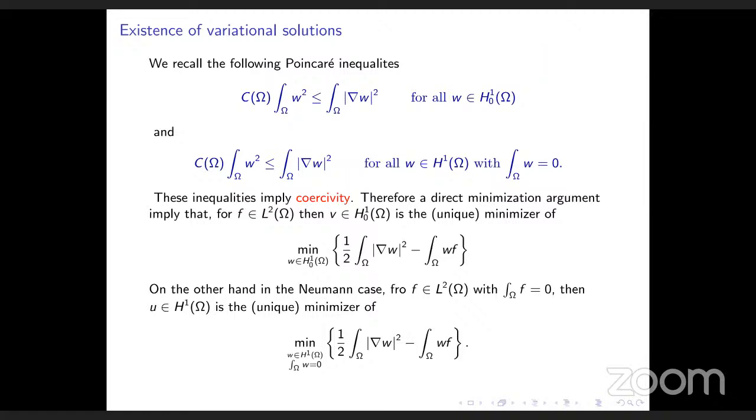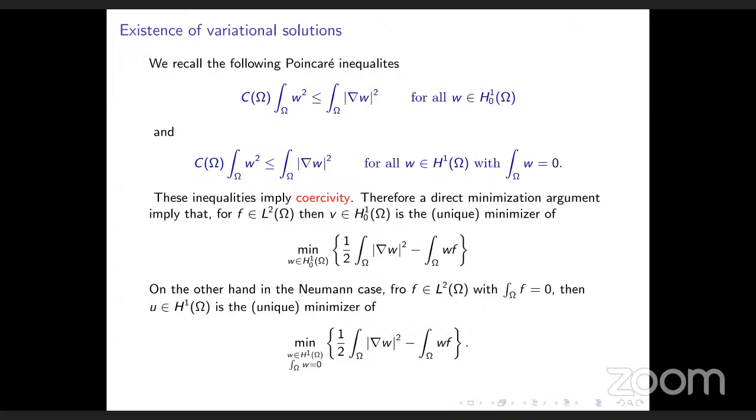So the book of Brezis could be a very nice book to understand this. But all these arguments are very abstract. In fact, in general, you only need a bilinear form which is coercive and continuous, and then you have solutions. And this is in general what happens for many things.